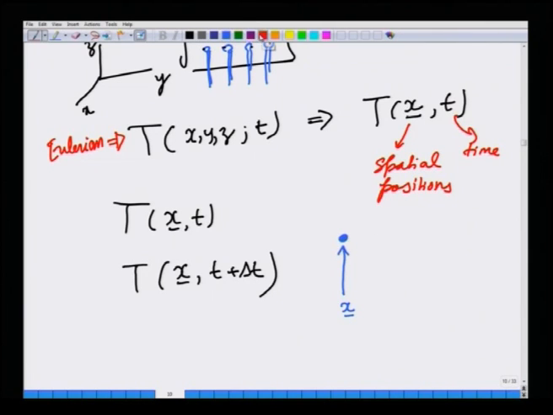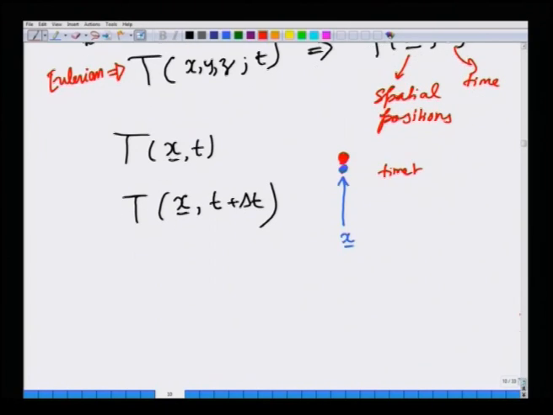At time t, this point will be occupied by, let us say, a red particle. At a later time, t plus delta t, this red particle will have moved from the location x to some other point, and the location x itself will be occupied by some other fluid particle.